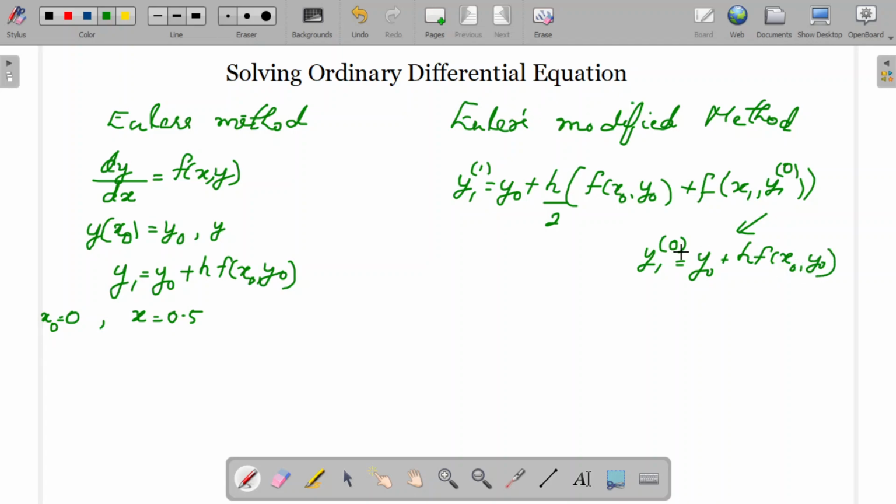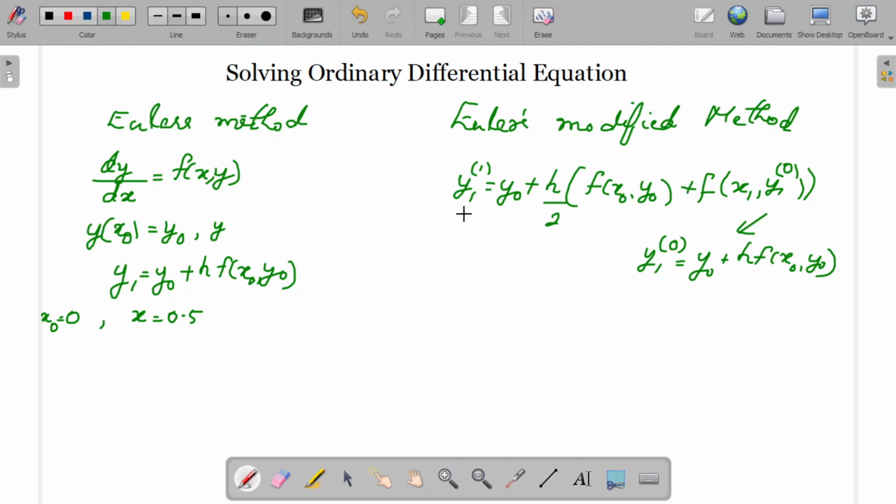With this approximation of y1, using the function values, you can find the value of y1, a better approximation. Then, using this y1, you can find a better value for y1, that is the second approximation.